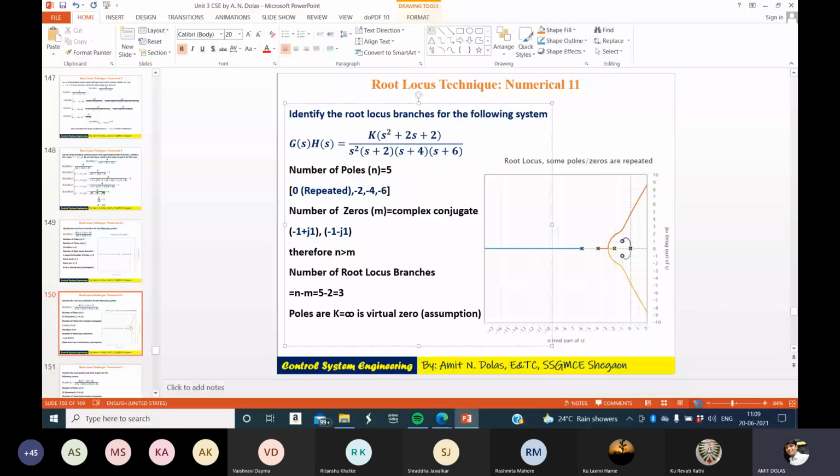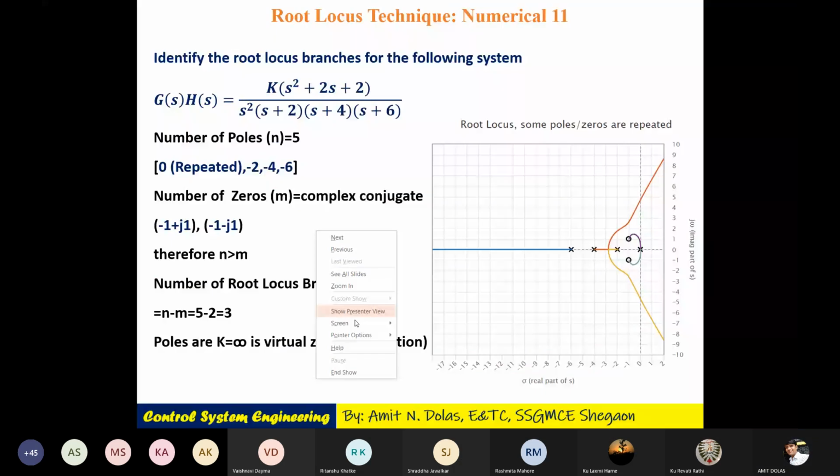How many root locus branches? The number of root locus branches is of course equal to 5. But how many branches terminate at infinity? It will be equal to number of poles minus number of zeros.